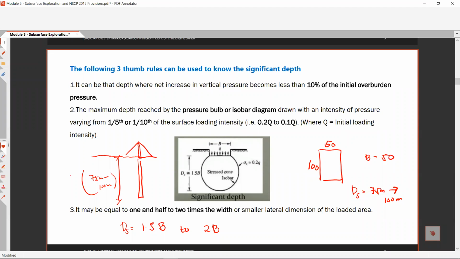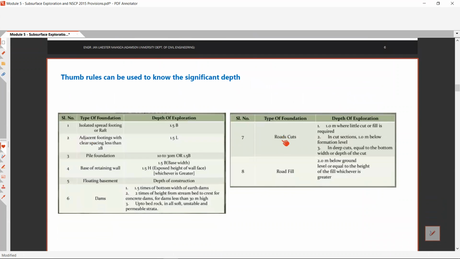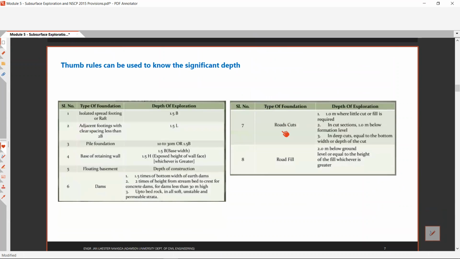So this is the general rule, which is this one 1.5B to 2B. So if you want to be a geotechnical engineer, according to them, they are using this thumb rule and this thumb rule. Okay, so it can be used as this thumb rule 1 and this thumb rule 3. Okay, so ayan. So we have these thumb rules that can be used for the significant depth.